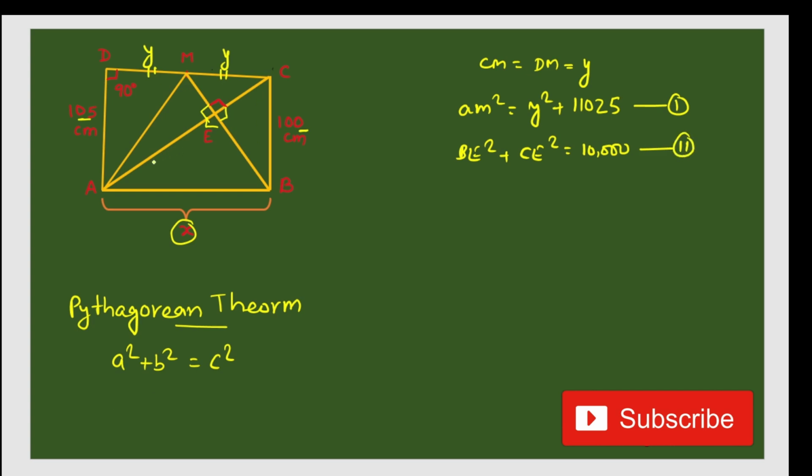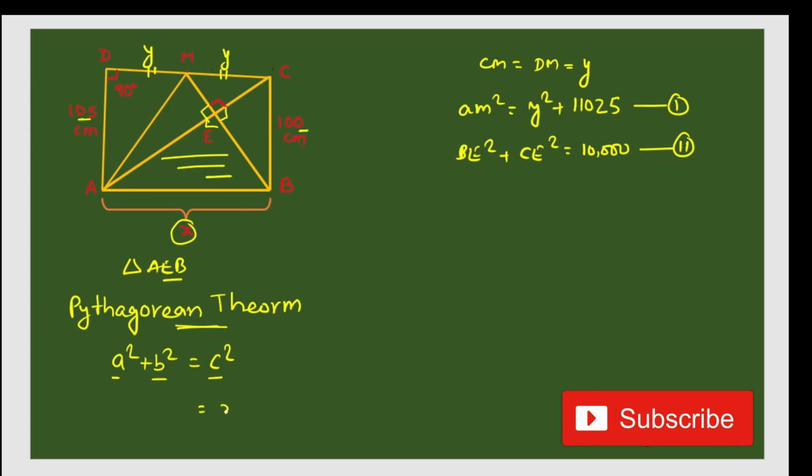Next, we'll concentrate on right angle triangle ABE, this triangle. Its angle E is 90 degrees. So again, according to the Pythagorean theorem, a square plus b square is c square. Its longest side is AB, and AB here is x.